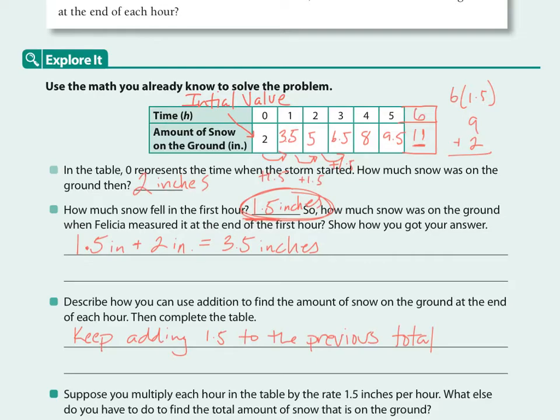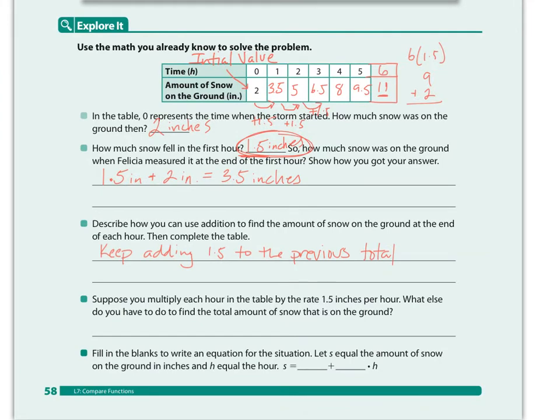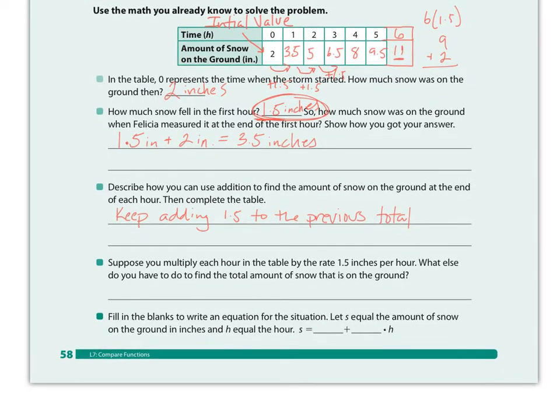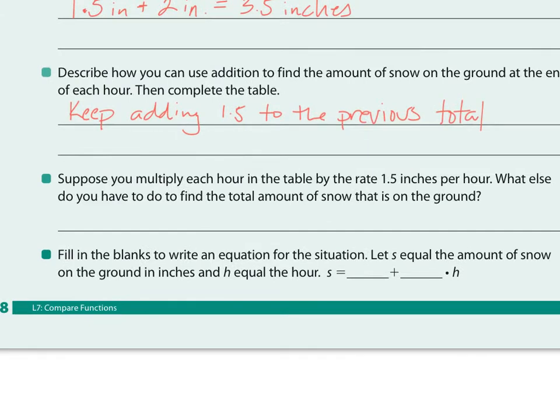That's what we started with. That's your initial value. That's your starting point. That's something new. Last year in 7th grade, we didn't have that. We didn't have initial values. We just had 0. We didn't have, hey, at time 0, you're already starting with something. Anyway, before I get off track, let's keep going here.